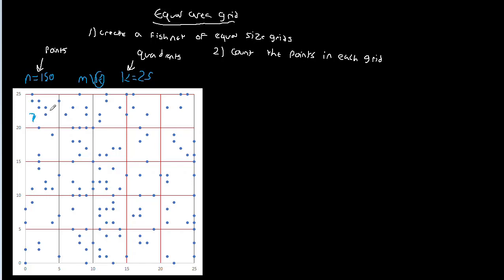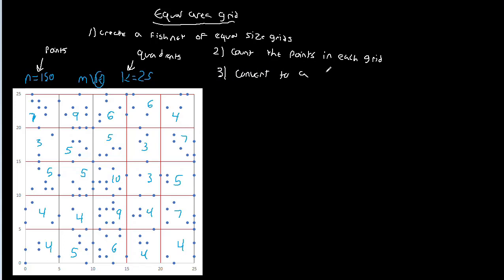So we're going to repeat the process for all of these grid cells. Okay, I've just quickly finished counting the number of points in each grid cell, and this number here just represents that count. Once we've counted each point in the grid, we convert this to a frequency table. What that frequency table is going to look like is this.